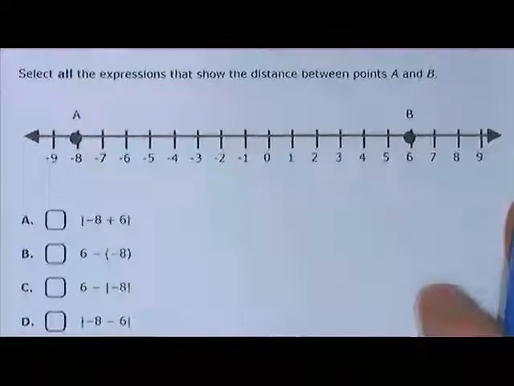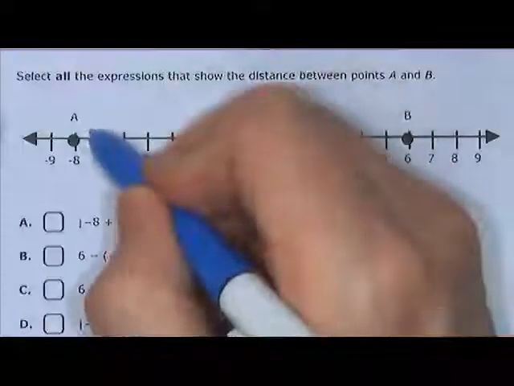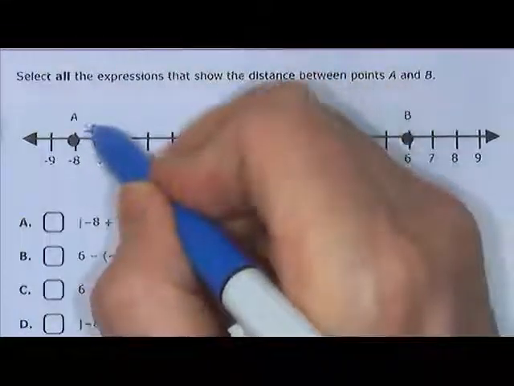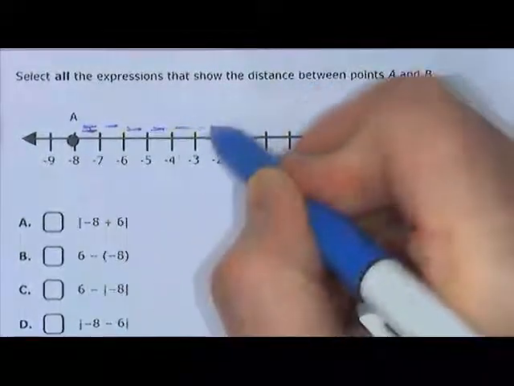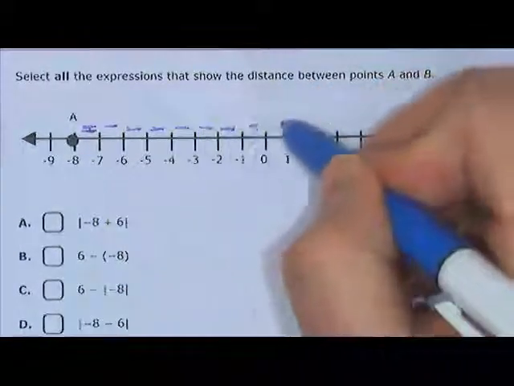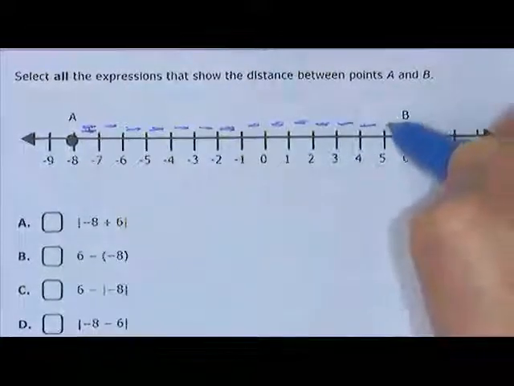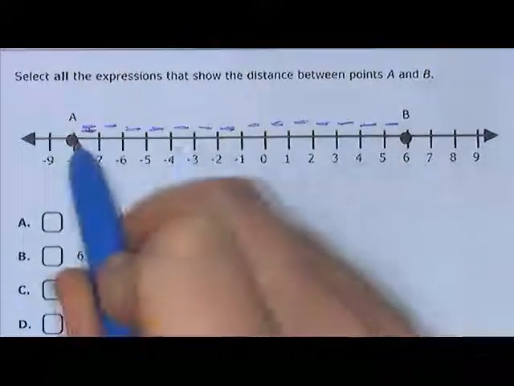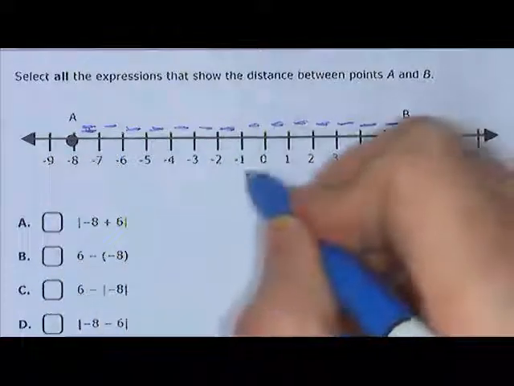Select all the expressions. So we have, let's see, how far is it across here? 1, 2, 3, 4, 5, 6, 7, 8, 9, 10, 11, 12, 13, 14 spaces. I'm not counting the lines, I'm counting the spaces. 14 of them.